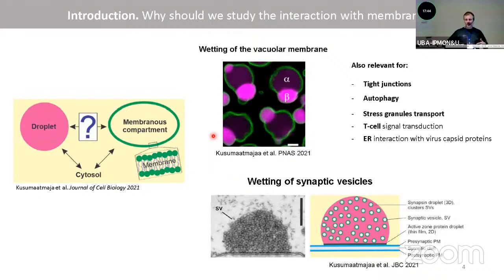You have proteins, you have lipids, etc. And this group has been working very hard in understanding how the wetting can influence the membrane dynamics, and in particular, in tight junctions, autophagy, stress granule transport, T cell, and ER interaction with many proteins, virus proteins. It's well known that the protein can interact with membrane, and they influence each other. So the influence of the biomolecular condensate on the membrane as well as the membrane on the condensate.